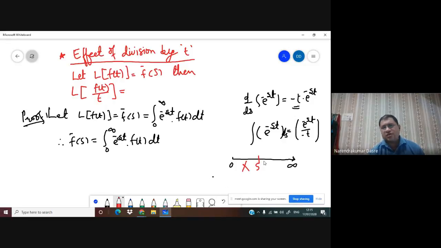So this interval is not a good choice, and the only remaining interval is s to infinity. At infinity, this term will vanish; at s, this term will remain.